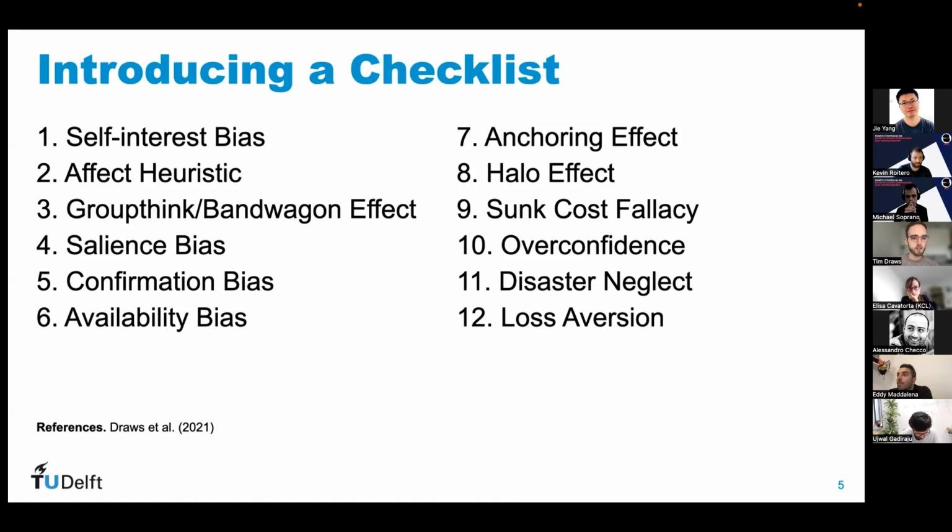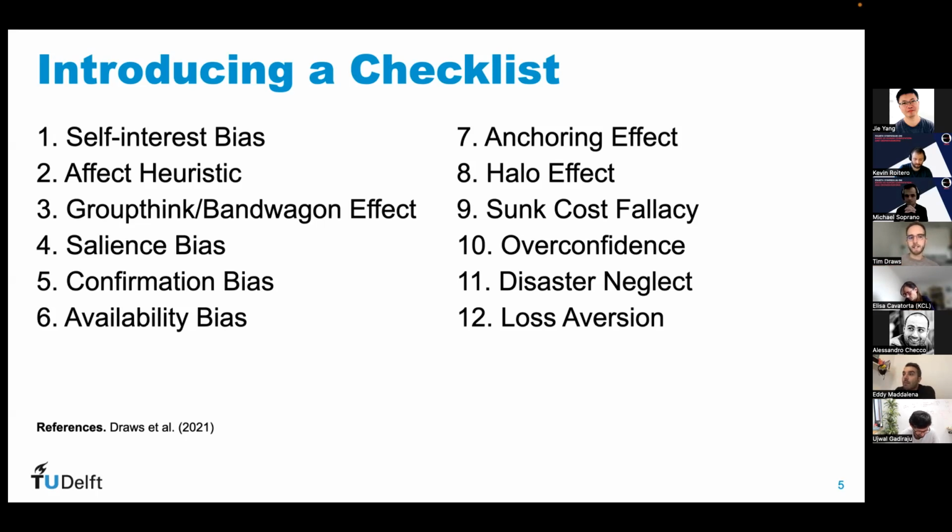This checklist was actually adapted from a similar checklist that had been proposed earlier for the business decision-making use case, and we adapted it to fit this crowdsourcing annotations use case.